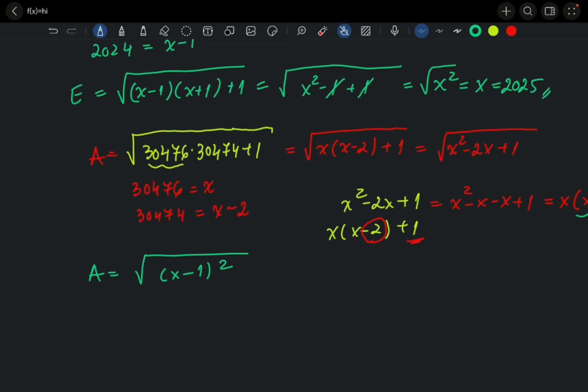We know that x is a big enough number, so when we subtract 1 from it, it's still a positive number. That means that the square root of x minus 1 all squared gives us x minus 1. We substitute the value of x, which was 30,476. We subtract 1 and we get the final answer of 30,475.